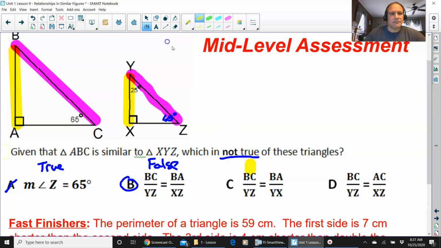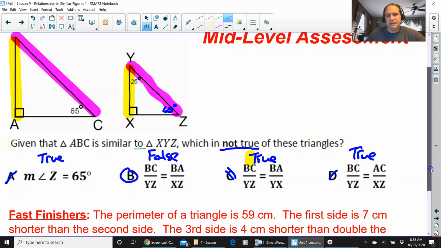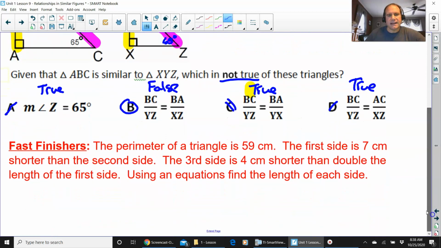I'm trying to write in highlighter. That's out. I already have my answer. It's B. Just showing you. BC, which is this one, over YZ. Again, AC over XZ. That's true. They're looking for something that is not true. We have B. B is your answer, and that is it.